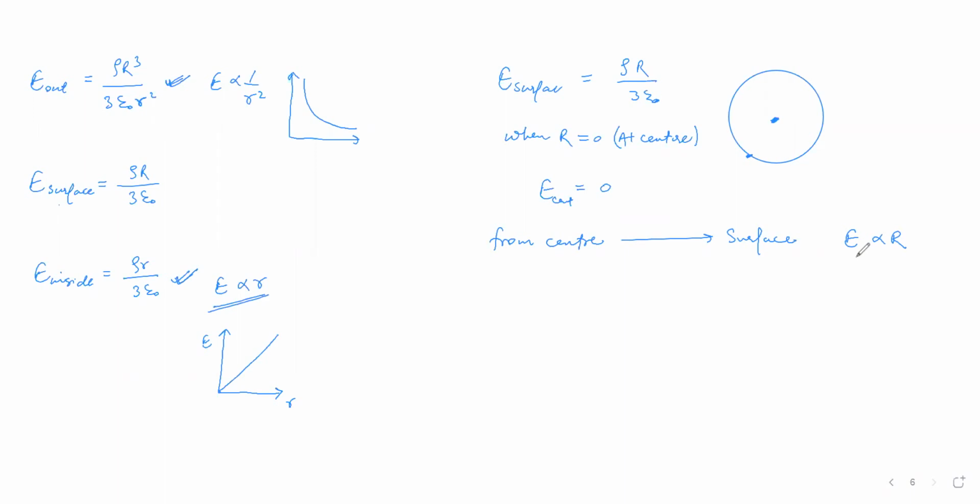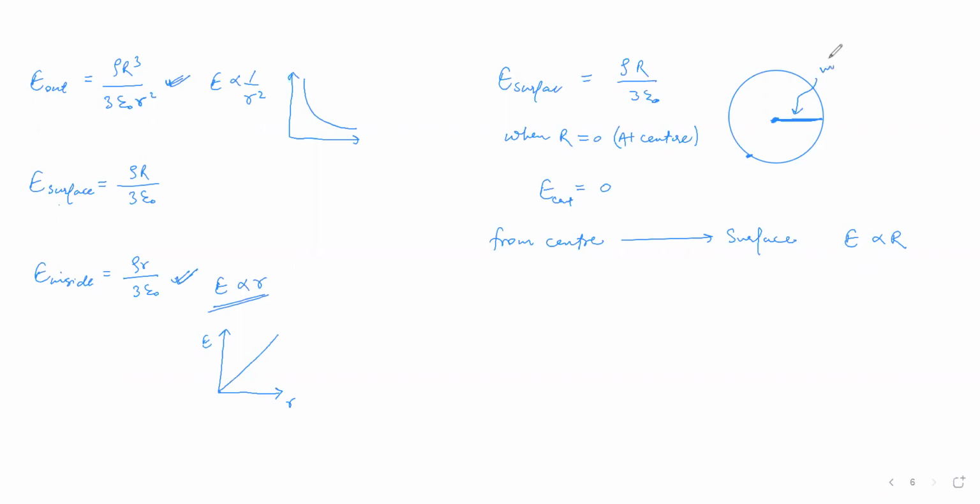Nawal, are you understanding? Yes, sir. From center to the surface of this sphere, E is directly proportional to R. This means as we go from center to the surface, electric field is increasing. Are you clear?